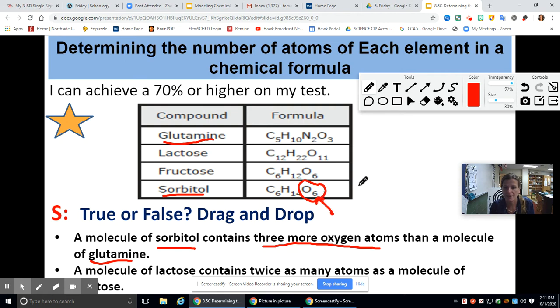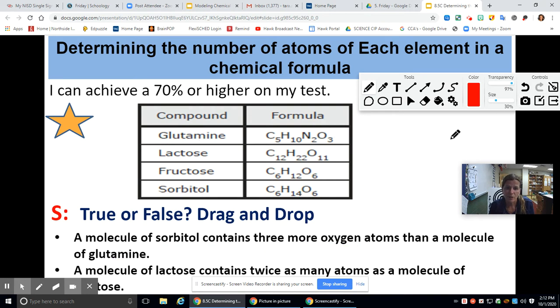So you have 6 atoms of oxygen here. And then going up to glutamine, here you have a subscript of 3, indicating you have 3 oxygen atoms of glutamine. So yes, sorbitol contains 3 more oxygen atoms than glutamine. So we could write true for that question.